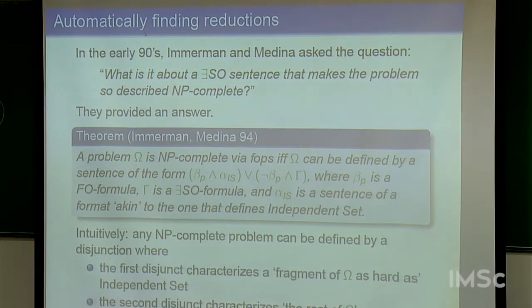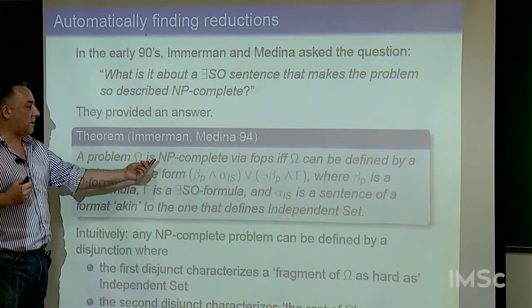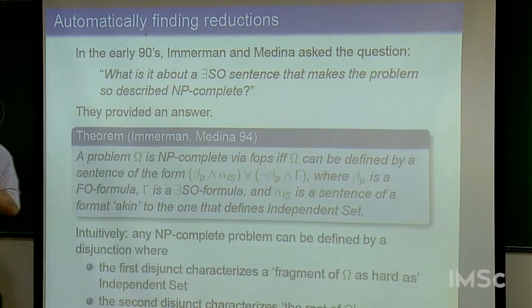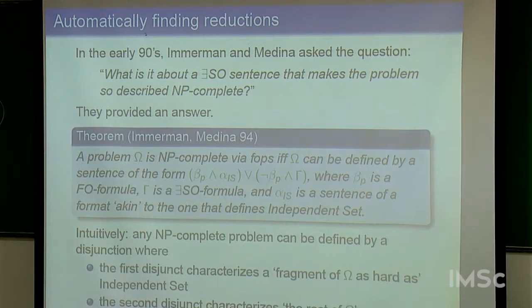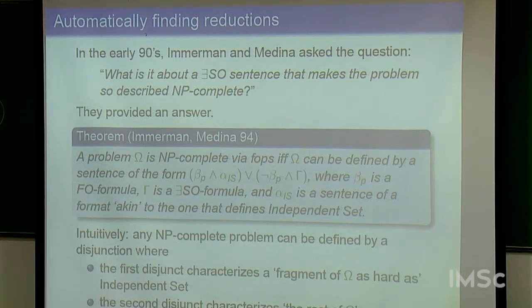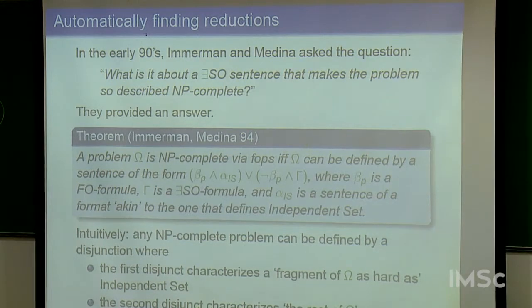So essentially what they did, they said that if you want to know whether your existential second order definable problem is actually NP complete, if you can massage your formula so that it has this normal form, then the answer is yes. And it's an if and only if.